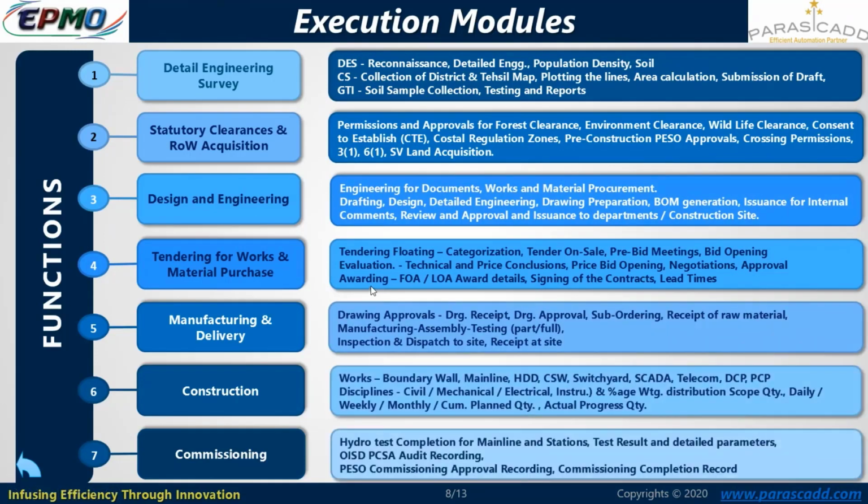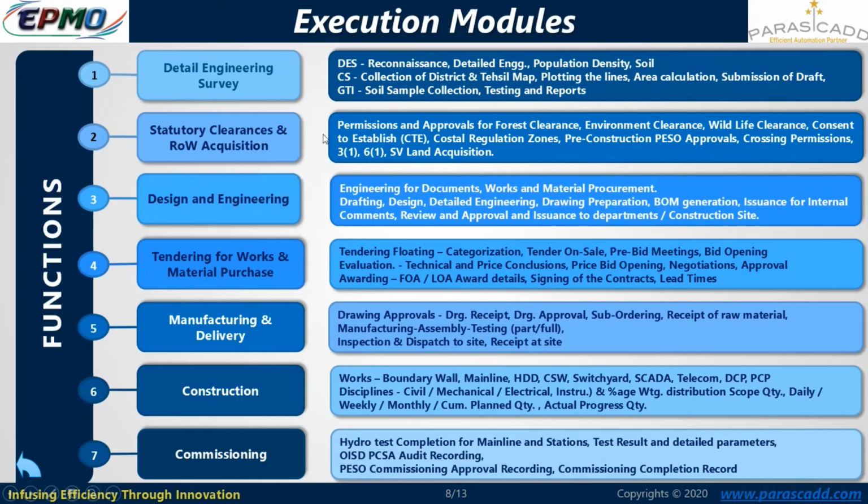For example, in detail engineering survey, cadastral survey and geotechnical investigation are my core sub functions. Further, these sub functions are provided with certain weightages with respect to the efforts required to achieve completion of each sub function and its related core activities.